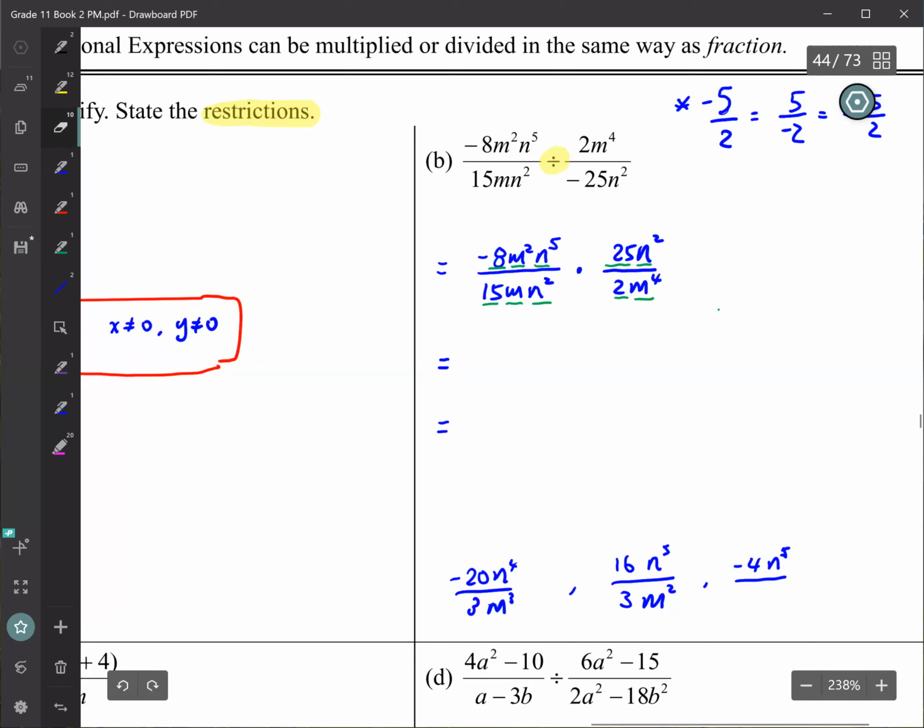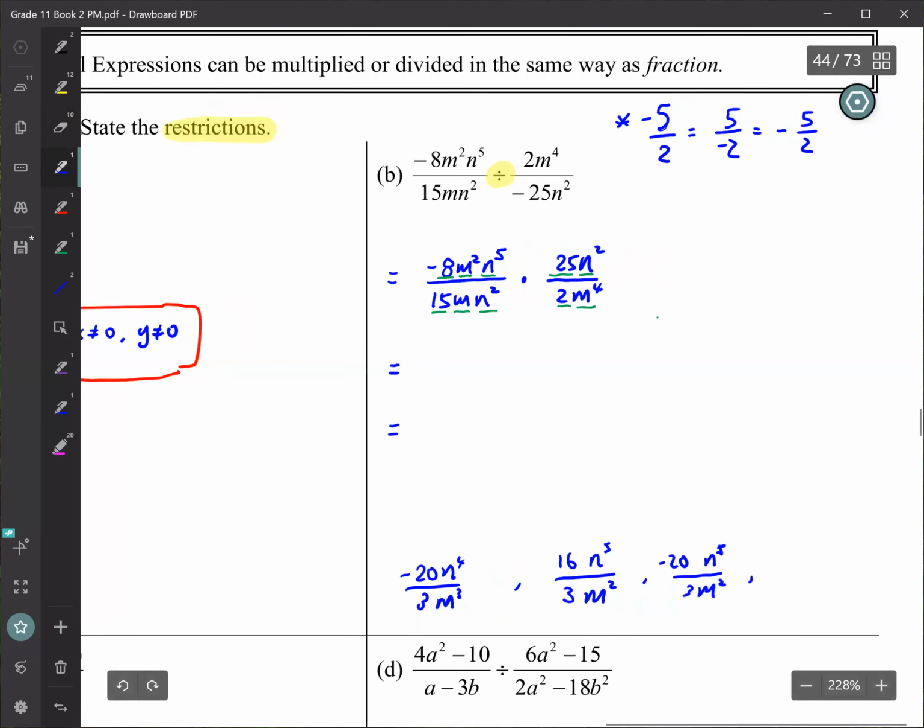Oh, you want me to change to -20 and 5? Yeah. Okay, -20 and 5. And denominator? 3m squared. Okay, so it's close to the first one, but the exponent is different, right? Okay, still don't have any match so far.